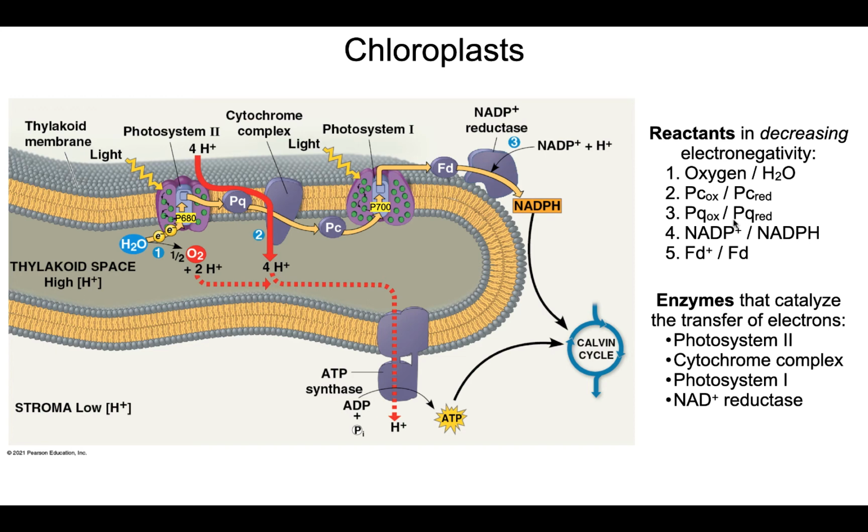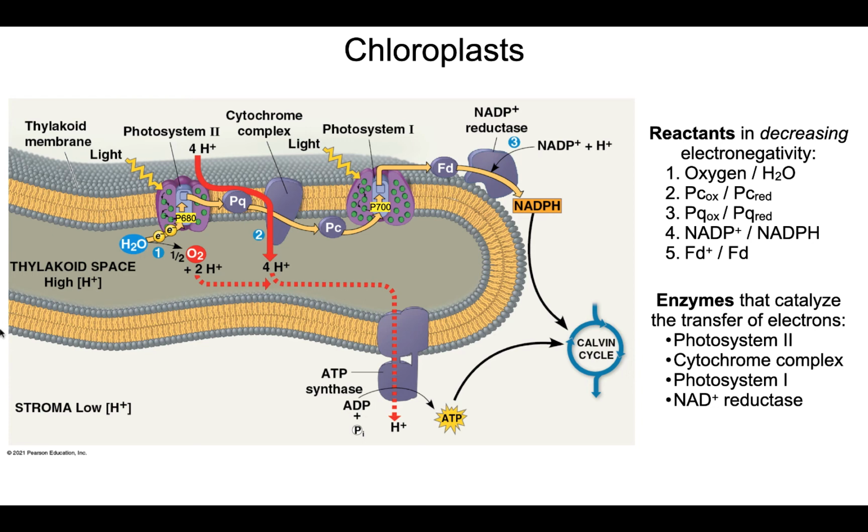We're trying to use something that doesn't hold on to electrons very well to steal electrons from water, which in animal cells was the single most electronegative molecule. So that, in a nutshell, folks, is the problem that chloroplasts have evolved to solve. How do plants steal electrons from water?